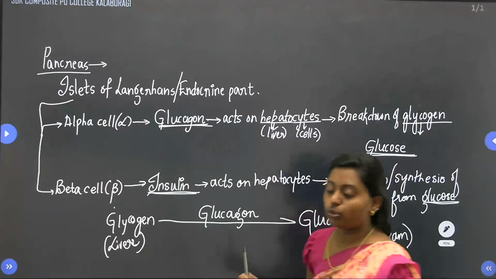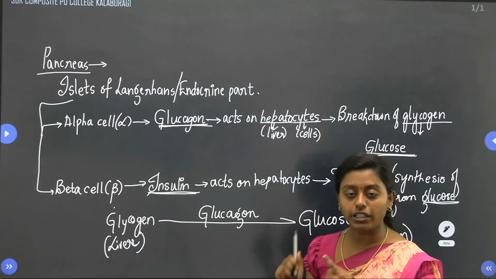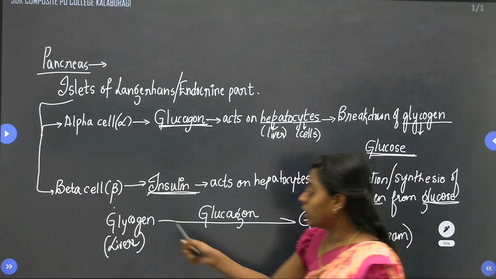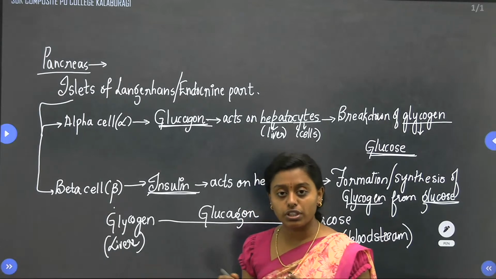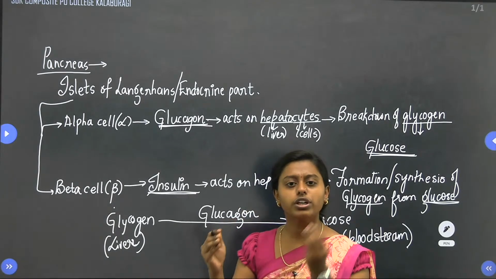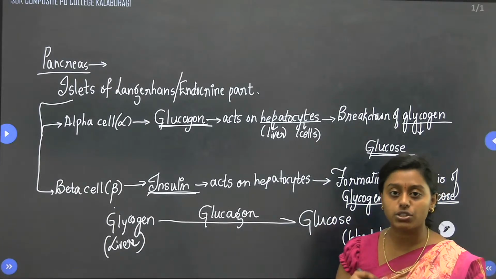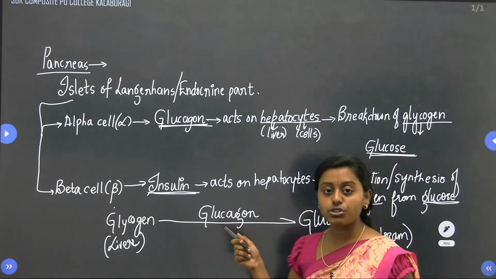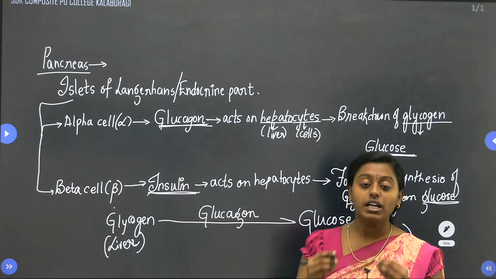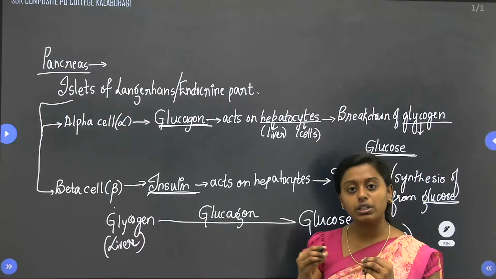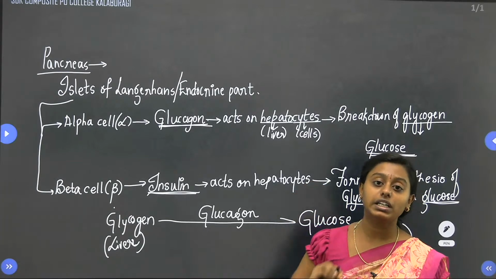So, if the glucagon hormone is secreted by the alpha cell, then glycogen stored within the liver will be broken down into simple forms, that is glucose, which enters the bloodstream. So, due to the presence of glucagon, the level of glucose within the bloodstream can be increased.